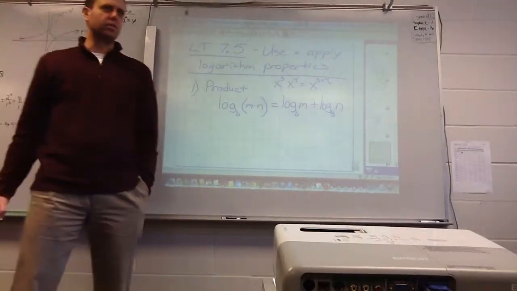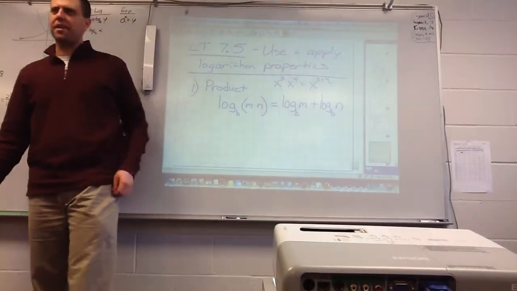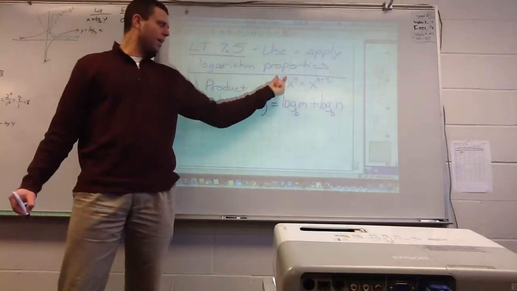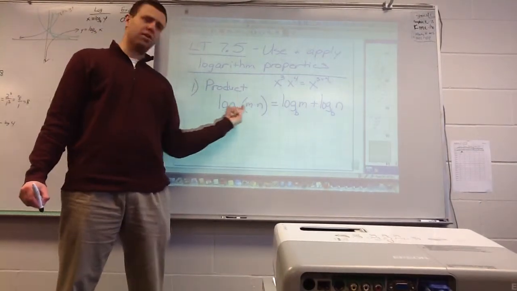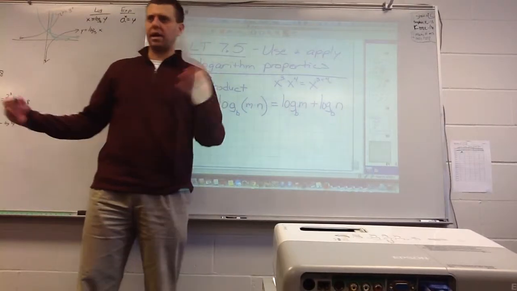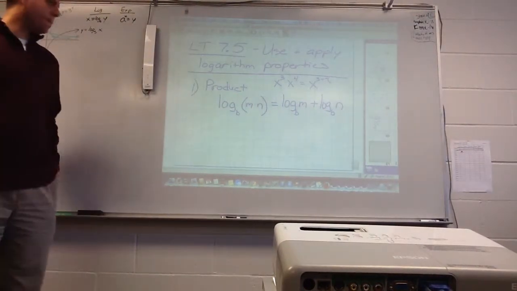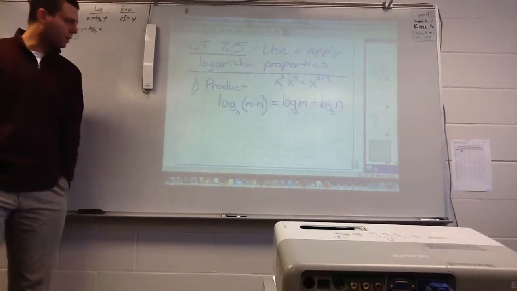You add exponents together. So if that helps you by seeing that in exponents, maybe add that to your notes too. Okay? So when you're multiplying, you add the exponents together. So when we have a multiplication of a logarithm, we can just add those two exponents, those two logarithms together. Alright? So there's your product rule.